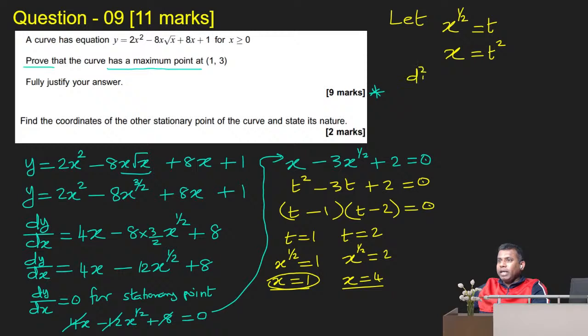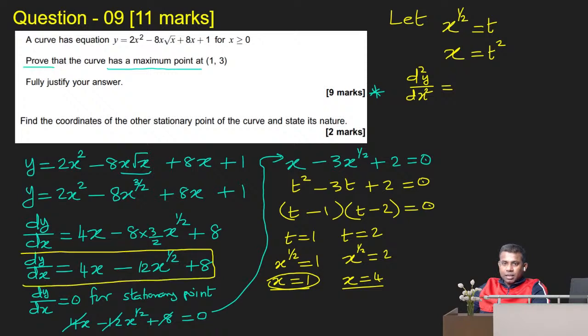Quickly, I'm going to do d2y by dx squared. Please have a look. This is my dy by dx. In this dy by dx, I'm going to differentiate again. So 4 minus 12 times half x to the power minus half.